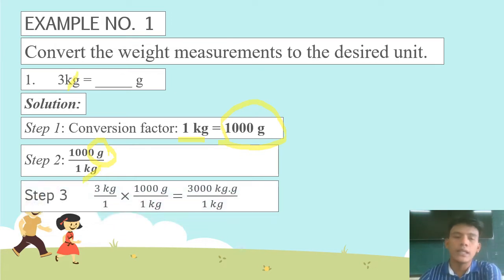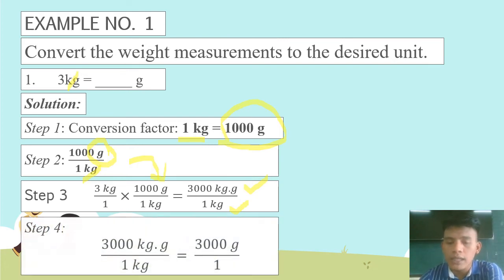Step 3. 3 kilograms over 1, which is our given, times our conversion, 1,000 grams over 1 kilogram. So we will multiply. 3 kilograms times 1,000 grams is equal to 3,000 grams. 1 times 1 kilogram is equal to 1 kilogram.